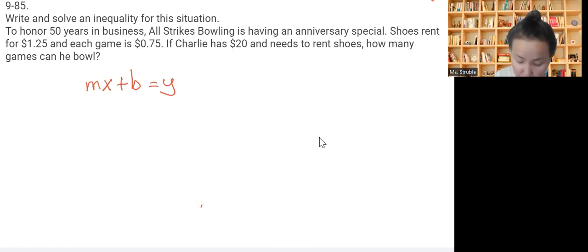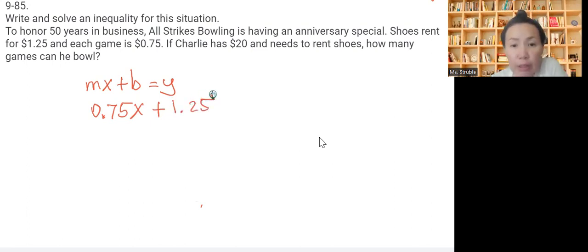So we can write our equation, and x is how many times he can bowl, right? So 0.75x plus 1.25, and he has $20.